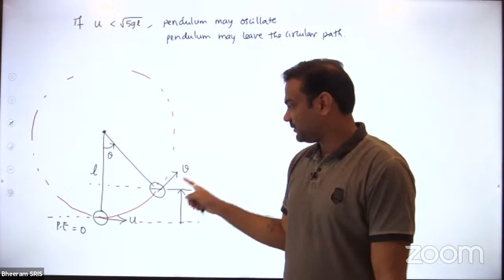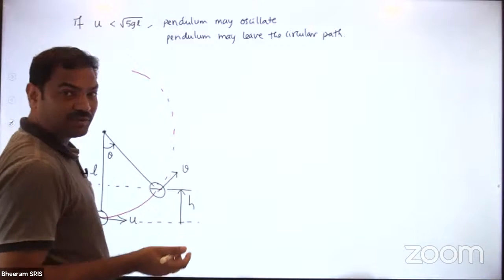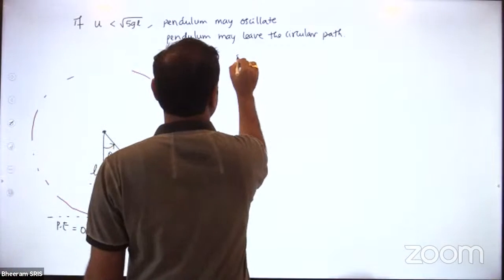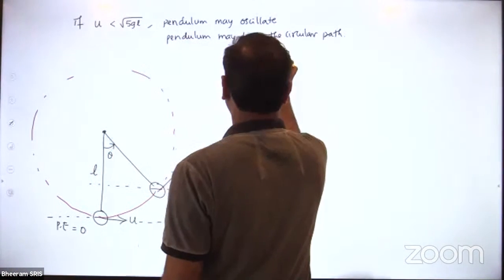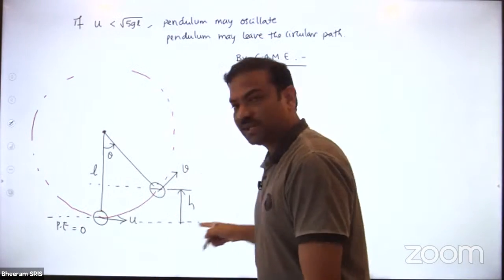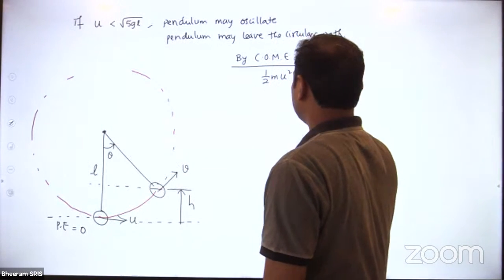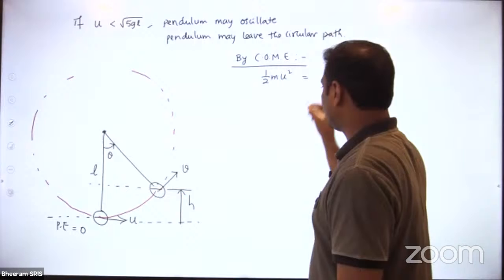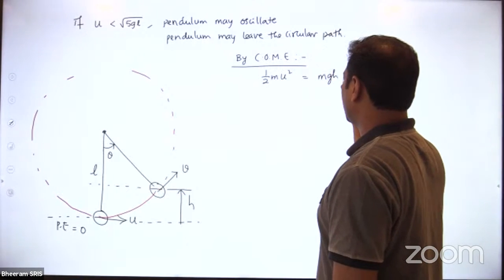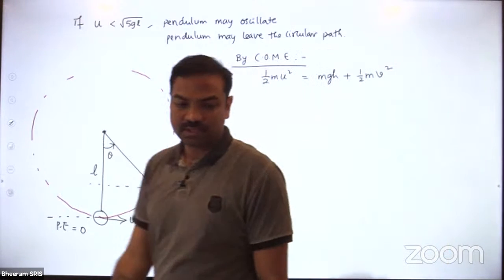Then what is the relation between v and u? First we can write the relation between v and u by conservation of mechanical energy. Total energy at the bottom, which is half m u square, is equal to the potential energy mgh plus kinetic energy half m v square.